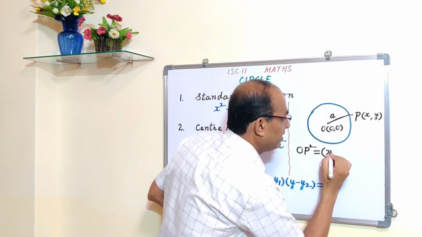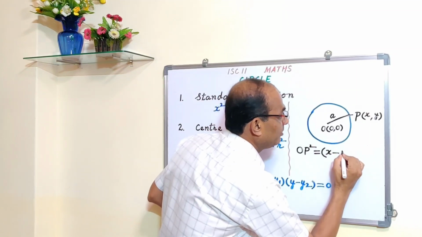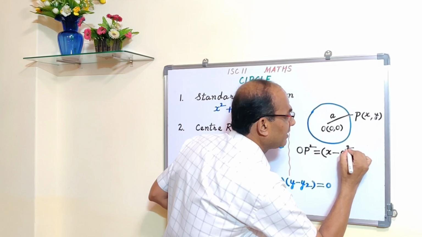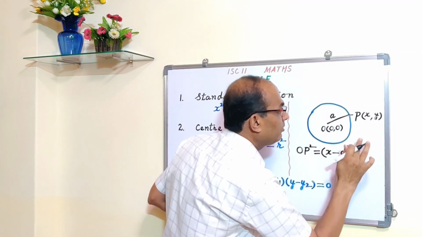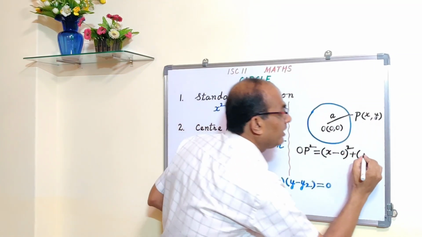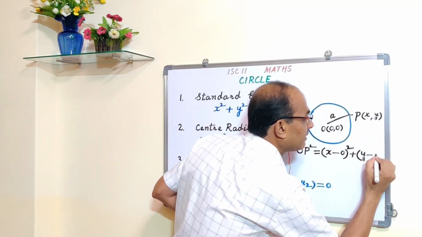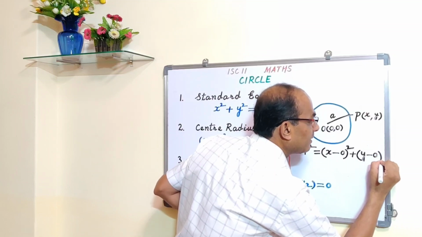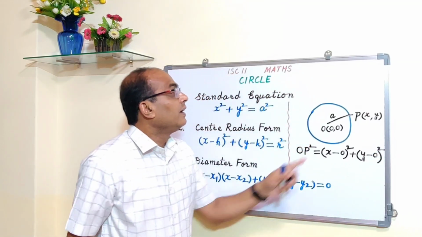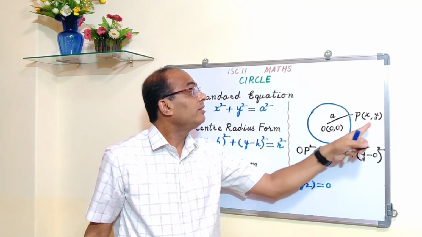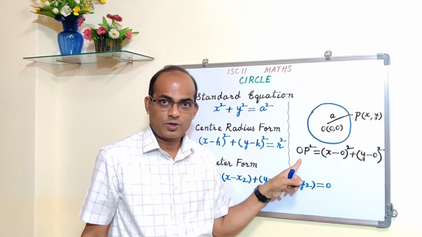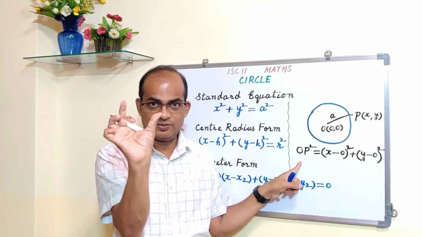So x2 means x, x1 means 0. So x2 minus x1 whole square plus y2 minus y1 whole square, and this side is d square or OP square or AB square, whatever the distance.